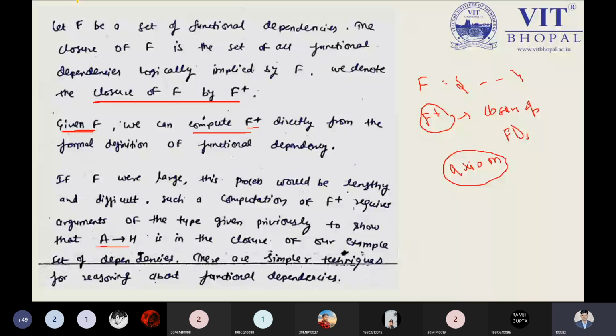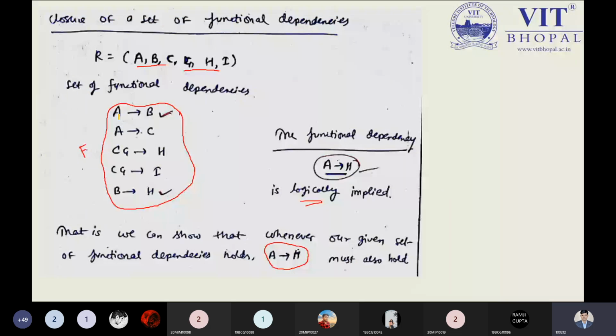It means these are the FDs which are given, and these FDs come under a set of functional dependencies, and this can be recognized by a notation. We use the notation simply F. So this F means a set of functional dependencies.